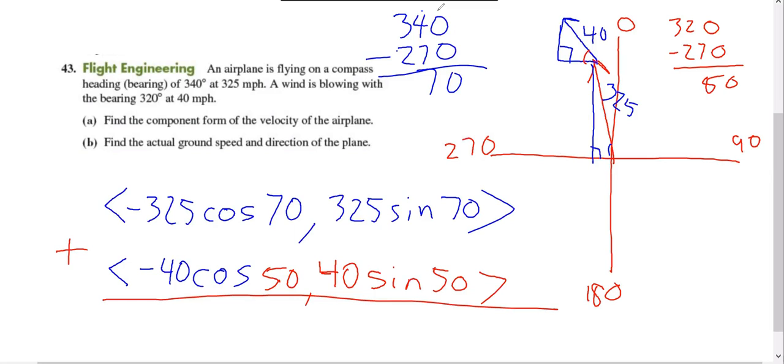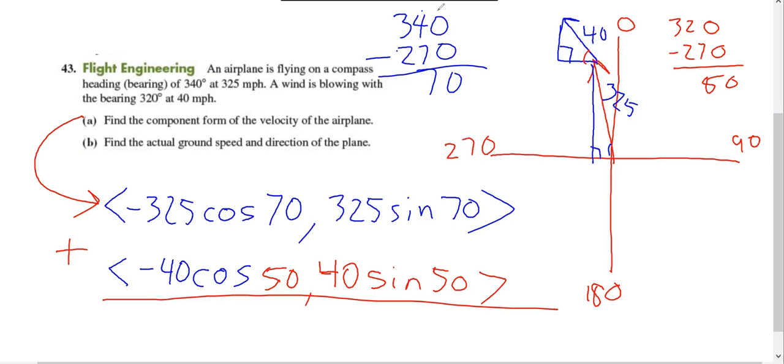Now, I should say, part A goes with the first line: find the component form of the velocity of the airplane. That's part A. Part B is find the actual ground speed and direction of the plane.